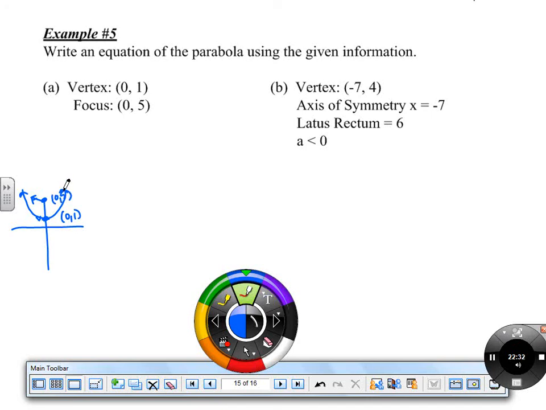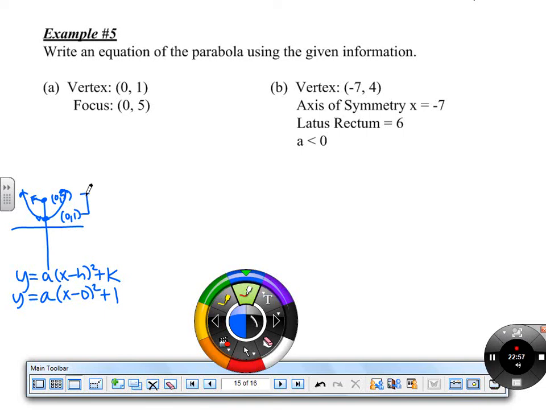So I know the equation is going to be y equals a times (x minus h) squared plus k. I know my vertex is at (0, 1), so I can plug in those values. And then for my a value, I can see the distance between the vertex and the focus is 4 units.